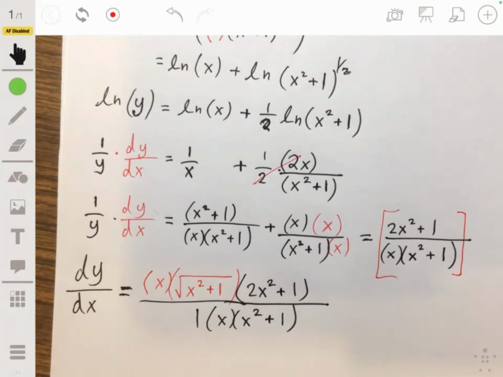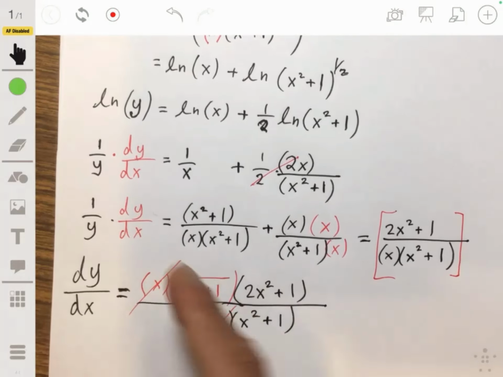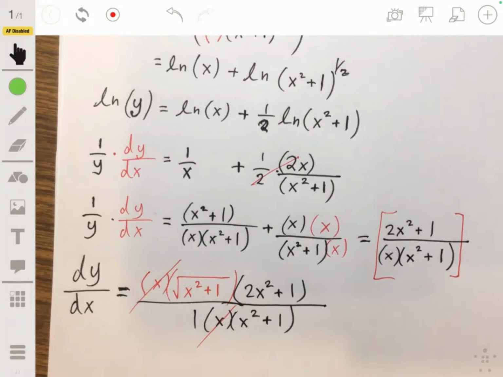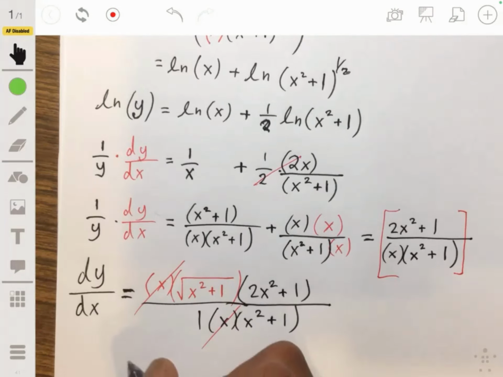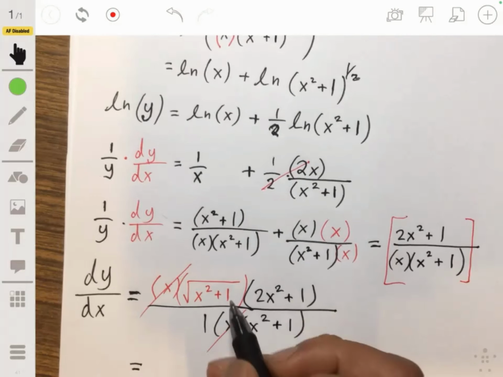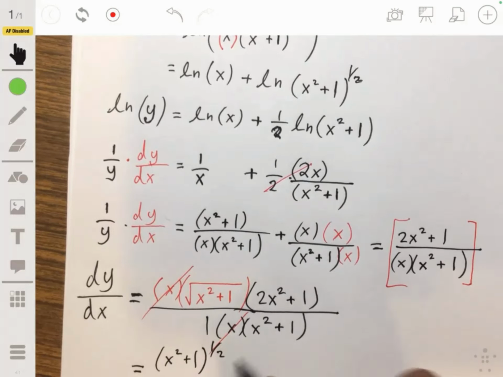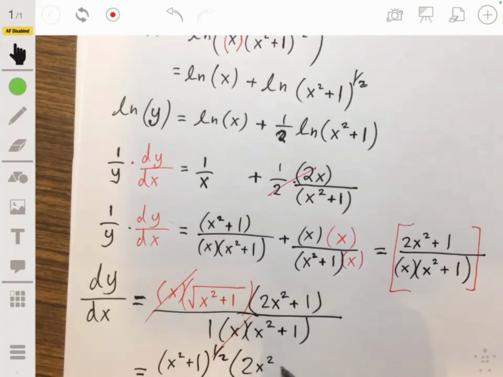Now we just simplify things. So let's see what we got. Right away, we cancel out x's from the top and bottom. And what we have on top now is x squared plus 1 to the 1/2 power, which is the same thing as the square root, times 2x squared plus 1.